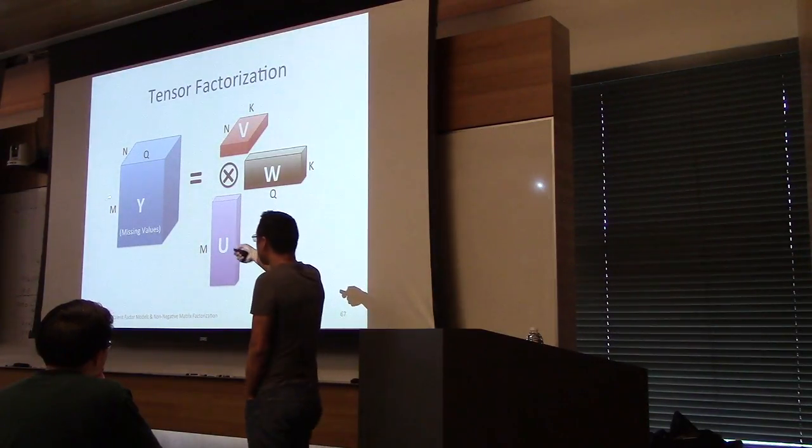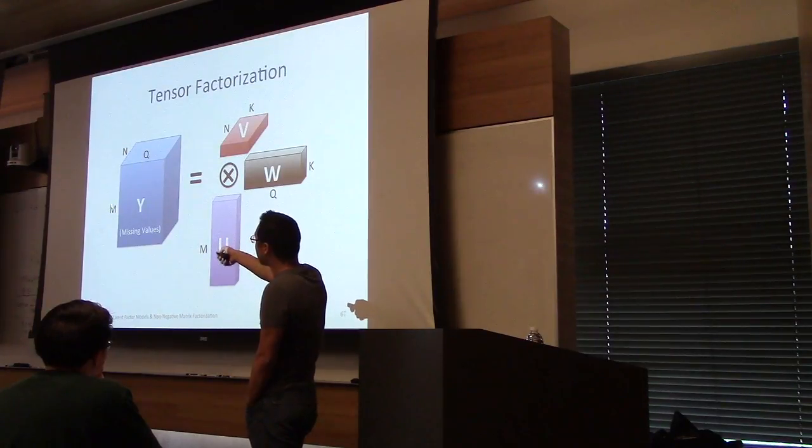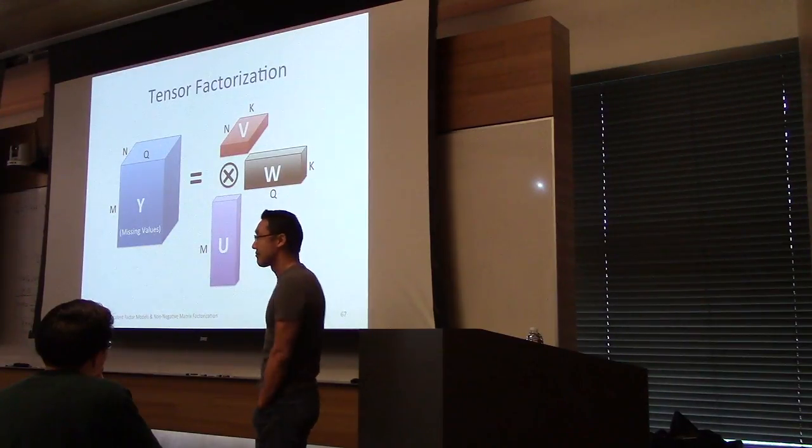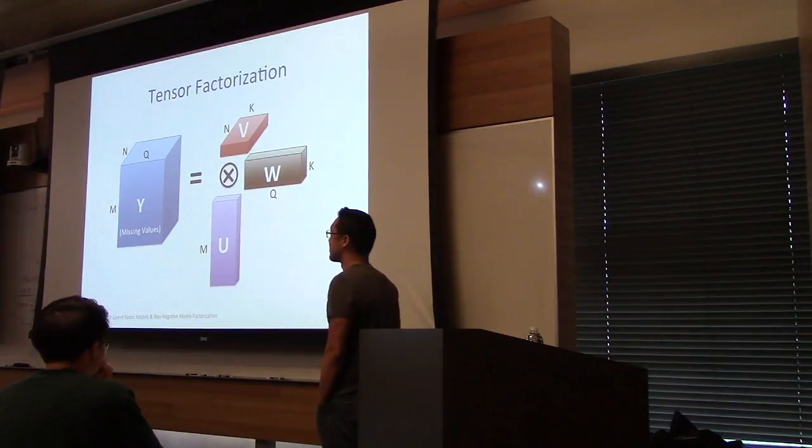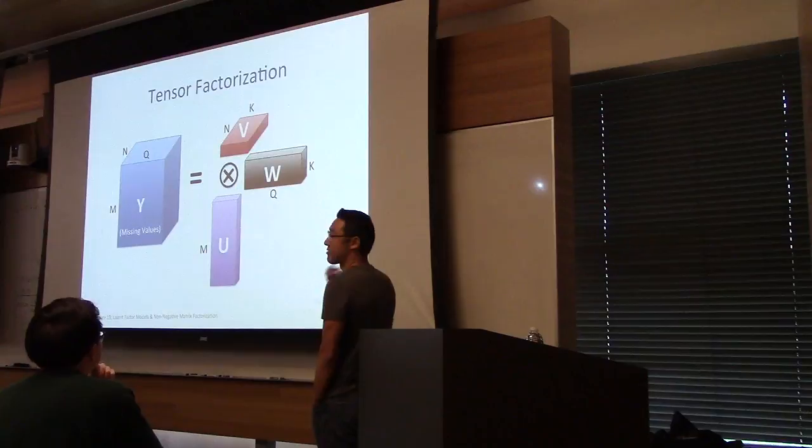So for example, instead of users by movies, it's users by movies by, I don't know, time of day or something. This is particularly relevant for many kinds of recommender systems where you have many different dimensions upon which you want to factorize.